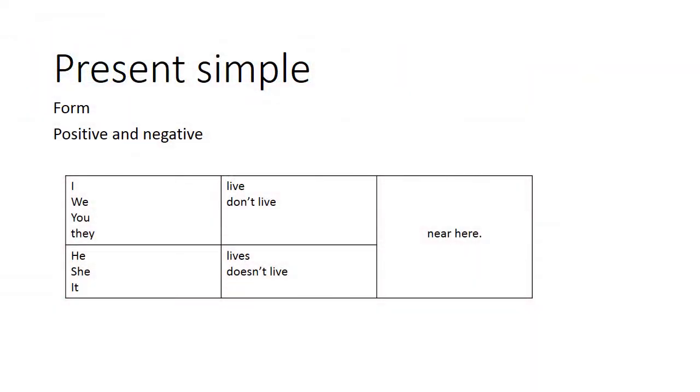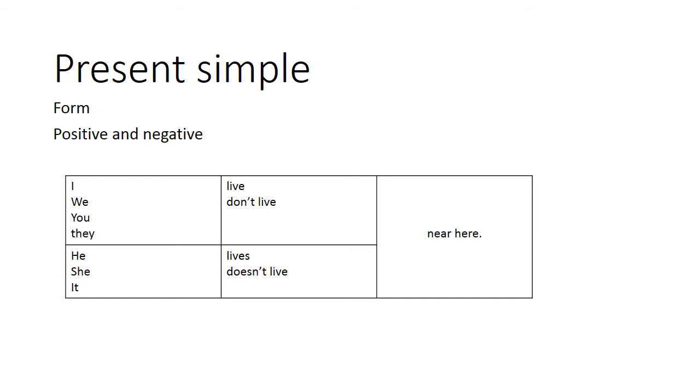We began our lecture with present simple. The form of present simple, whether positive or negative, is that the sentence contains a subject plus a verb, and then the rest of the sentence. For example, we live near here.